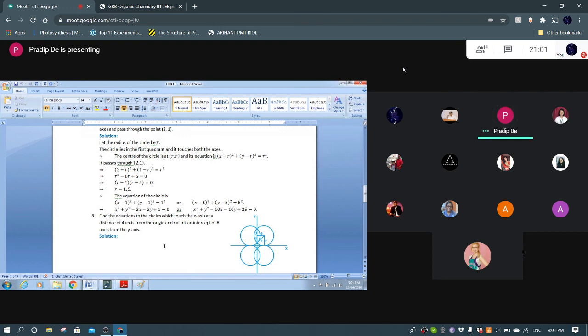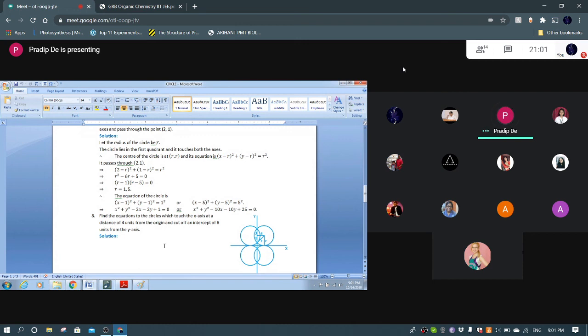That is only for the circle in the first quadrant. For the second quadrant, what is the center for the circle in the second quadrant? Minus 4,5. Third quadrant, minus 4, minus 5. Fourth quadrant, 4, minus 5.